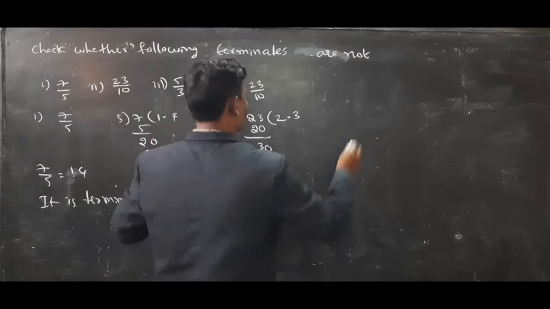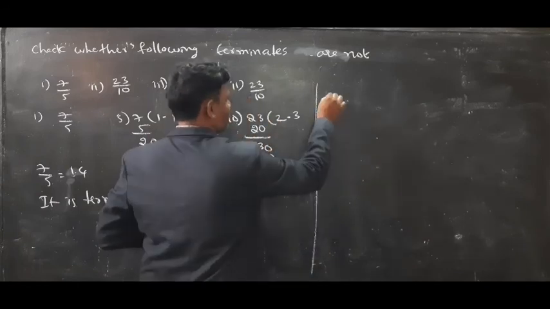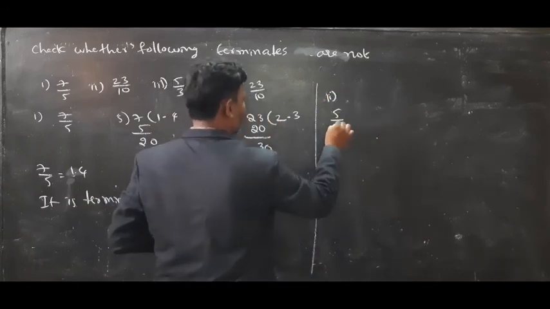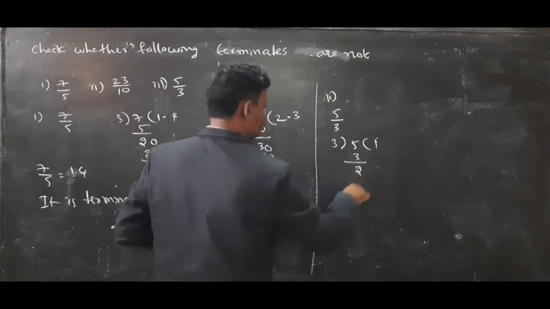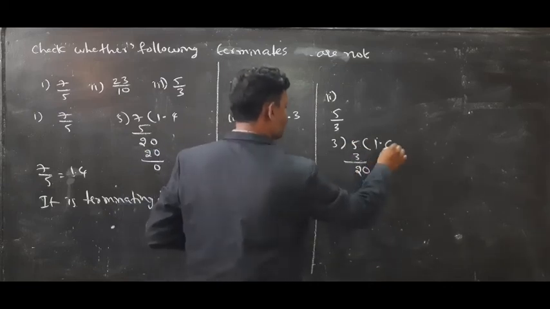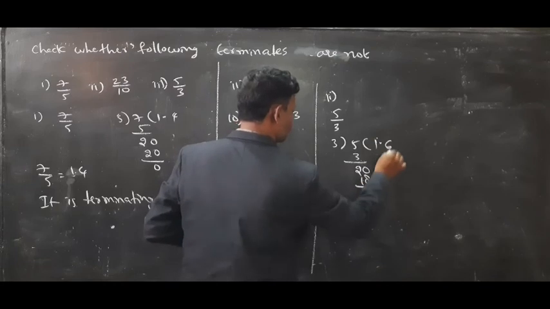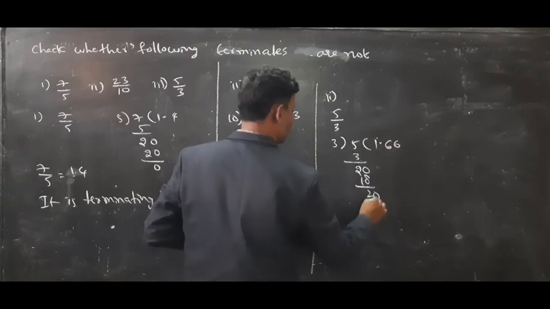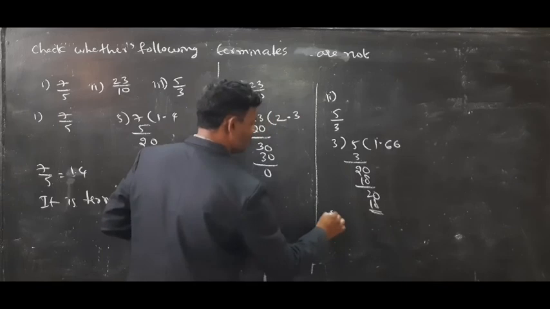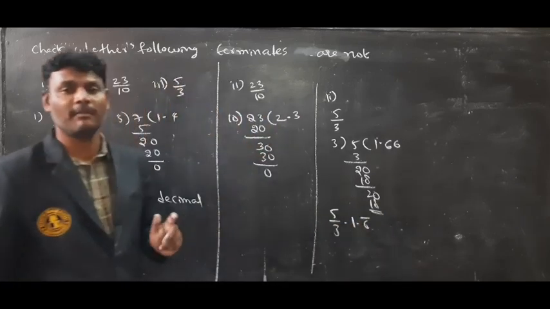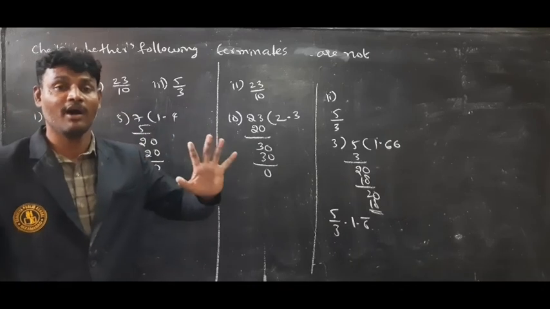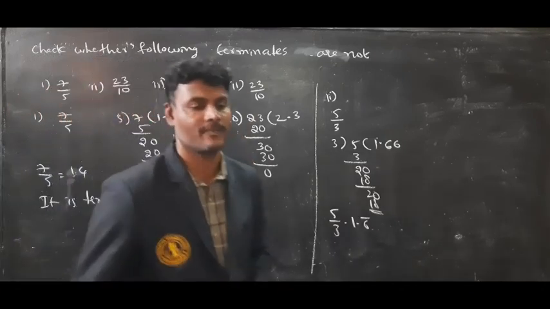What about the third one? 5 by 3. 3 ones are 3. Remaining 2. Point 0. 3 6s are 18. 2. Decimal there, 0. 3 6s are 18. So it is a non-terminating but repeating decimal. We can write it as 1.6 bar. Bar indicates the recurring number.